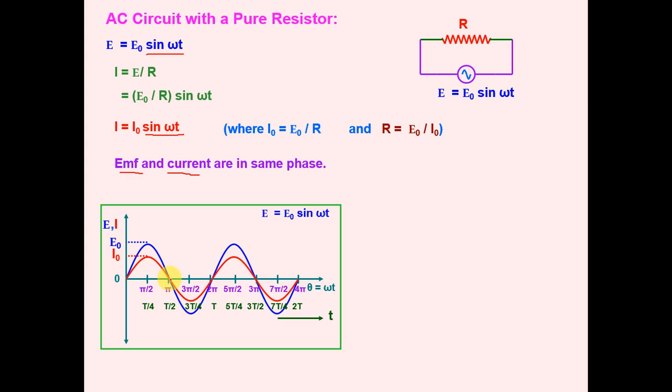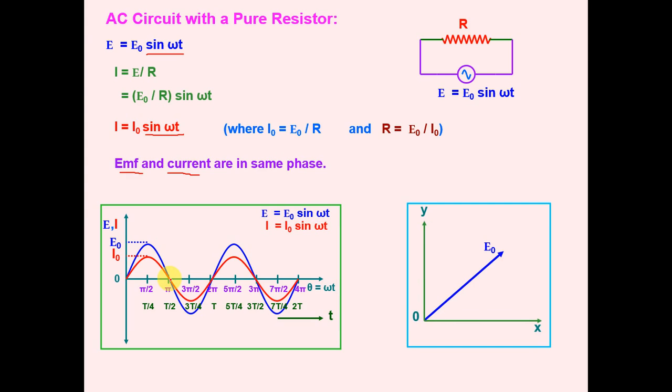And the phasor diagram we will see. You can see this is the phasor for the EMF, and the phasor of the current is also coinciding with the phasor of the EMF. There is no phase angle between the two. So both of them have the same phase angle, that is omega t.